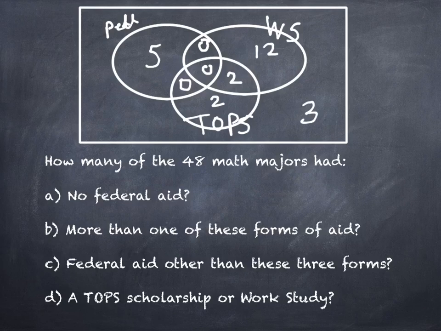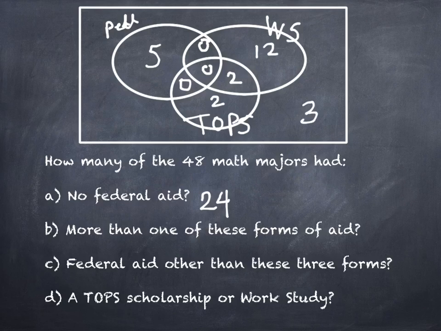Okay, everybody with me? Great. Problem number 1, or A, I guess. How many of the majors had no federal aid? 24, right? Half of them, because it said half had financial aid, the other half didn't. So 24 had no federal aid. They may have had other kinds of aid, just not federal aid.